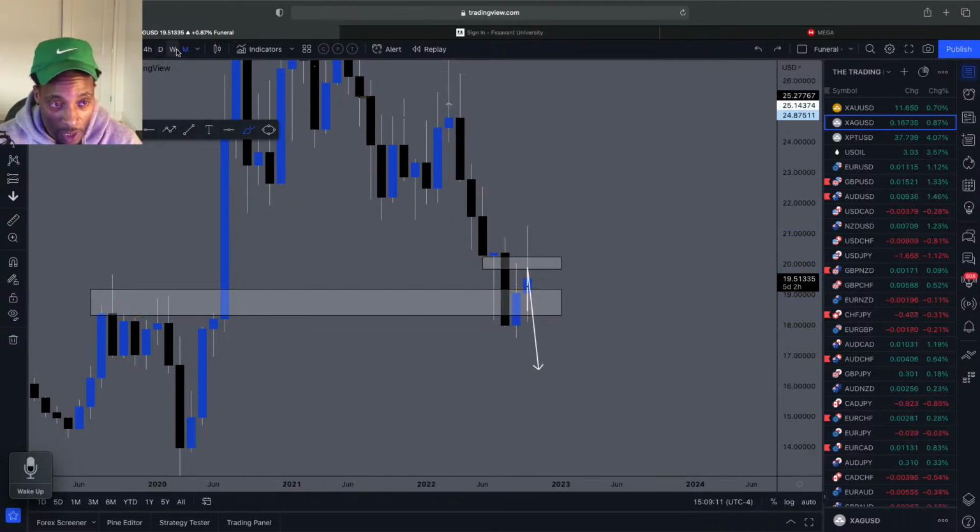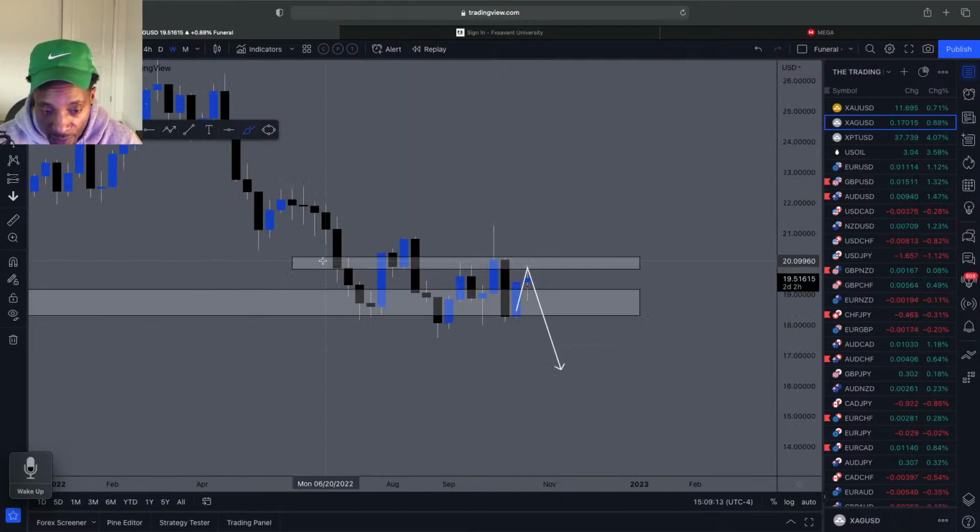If we drop down to the weekly, we can see that we've just been ranging pretty much in between this area for the most part. After we spiked to the upside, we had an immediate impulse to the downside, and from there we're starting the correction of the move that made this impulse to the downside. So just a lot of indecision on the weekly time frame.